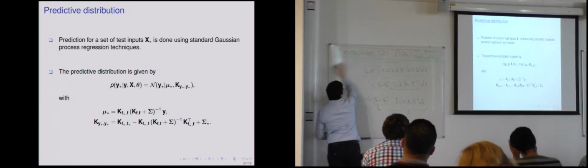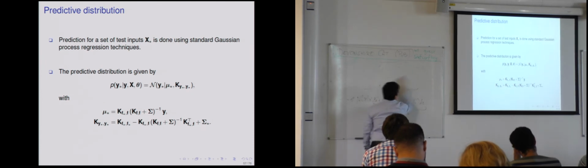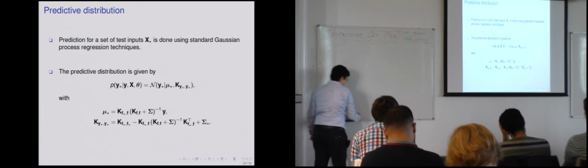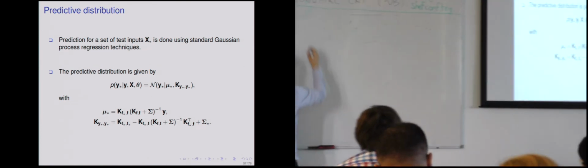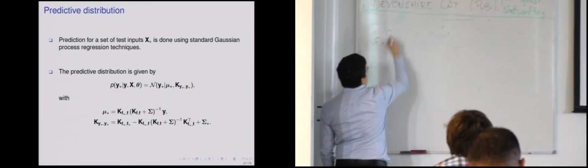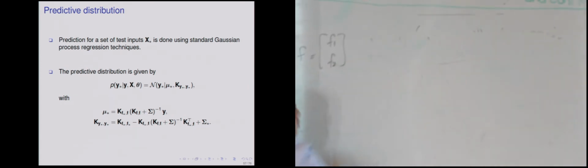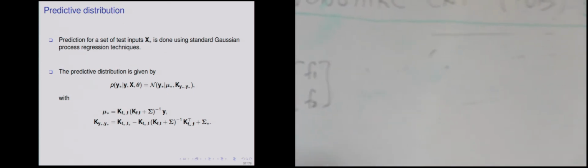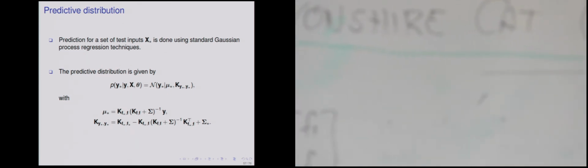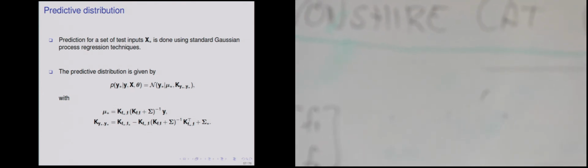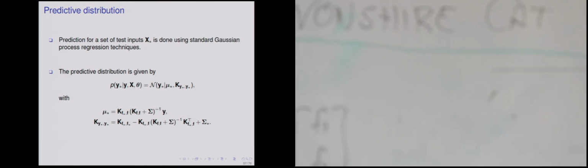Let's assume that we only have two outputs. So my vector f is going to be a vector f1 for output 1 and f2 for output 2. And what I'm saying is I want to make predictions on test inputs x star. I'm going to see how the mean looks if I work with noise-free observations.